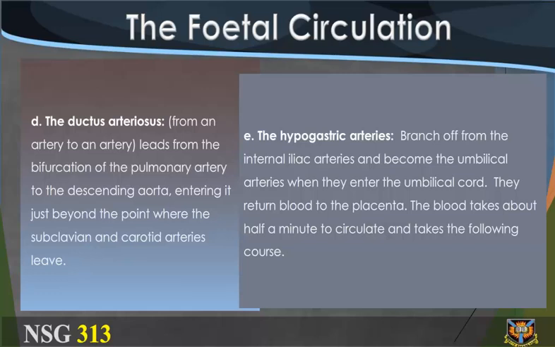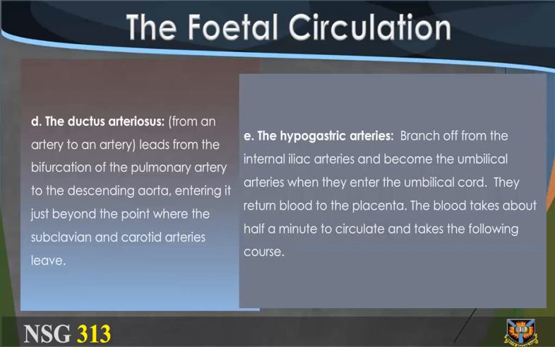D. The ductus arteriosus, from an artery to an artery, leads from the bifurcation of the pulmonary artery to the descending aorta, entering it just beyond the point where the subclavian and carotid arteries leave.